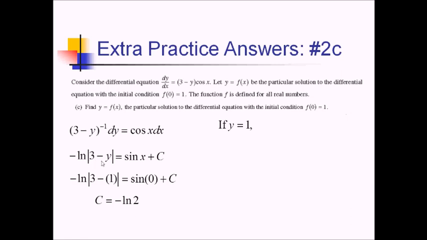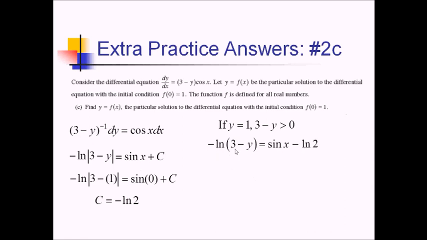That means that this expression inside absolute value, 3 minus y, must come out positive, because 3 minus 1 is positive. So that means I can just replace absolute value with parentheses, since I never really needed the absolute value for this initial condition. So I've got negative ln parentheses 3 minus y equals sine of x minus ln of 2, the c value we just found.